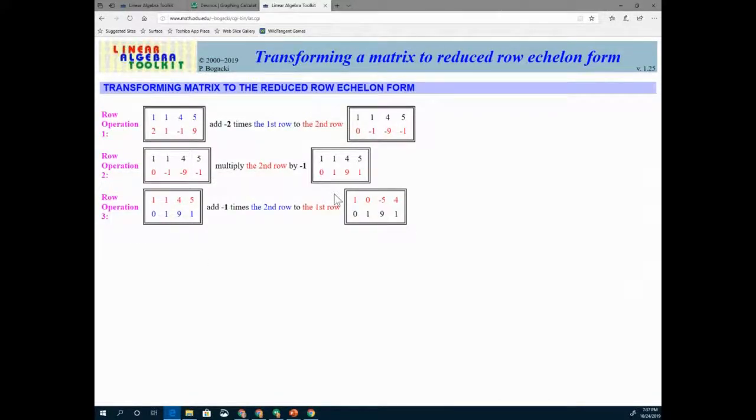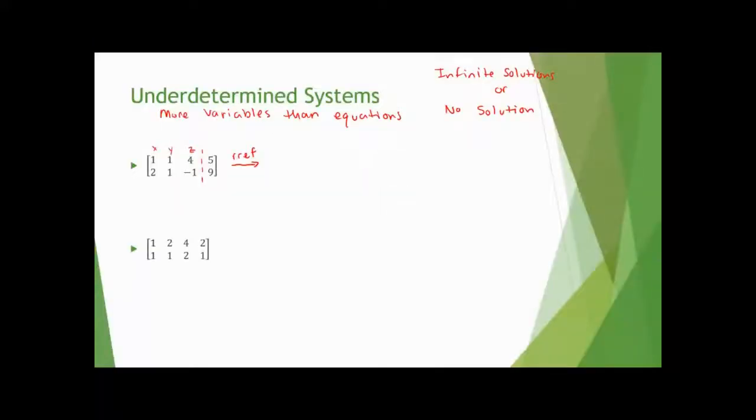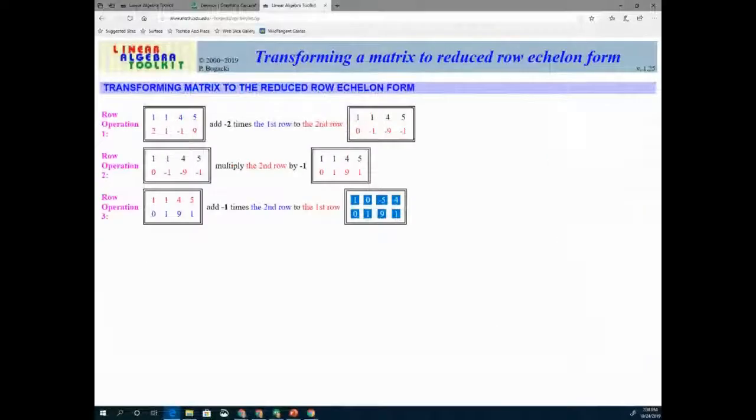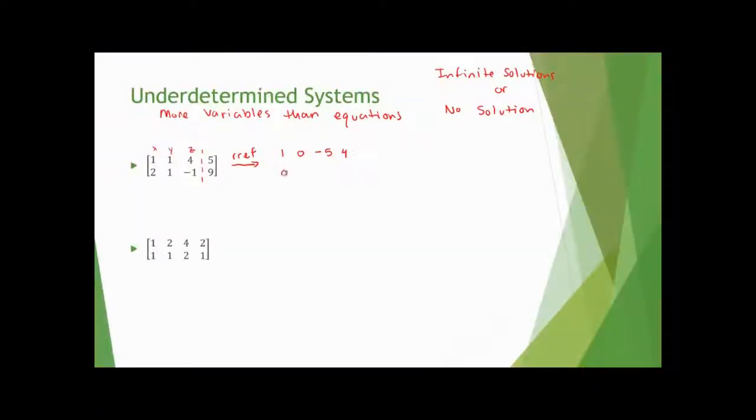Okay. And so now I have this final matrix here. 1, 0, negative 5, 4, and 0, 1, 9, 1. Okay.